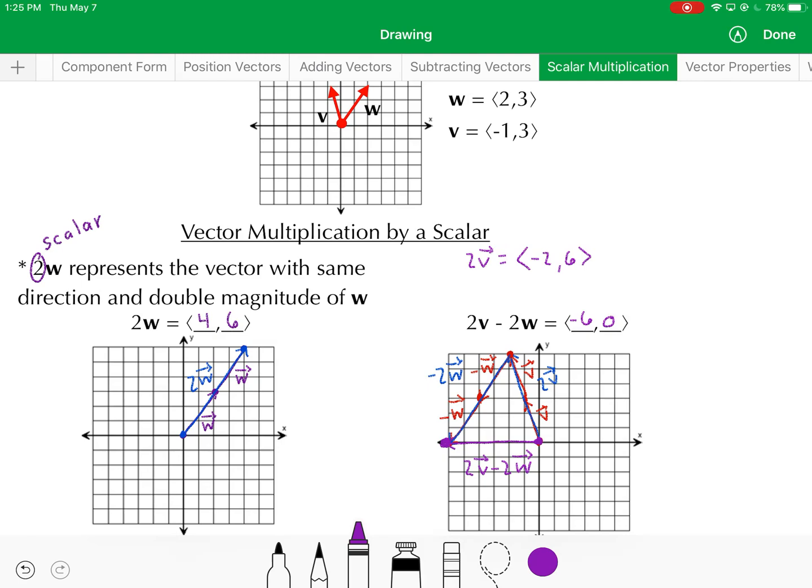Okay? And then 2 times vector w would be 4 comma 6. All right, so now if you subtract the components of 2 vector v by 2 vector w, negative 2 minus 4 would give you negative 6, and then 6 minus 6 would give you 0. Okay?